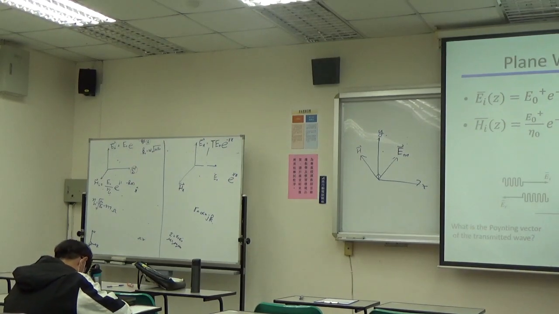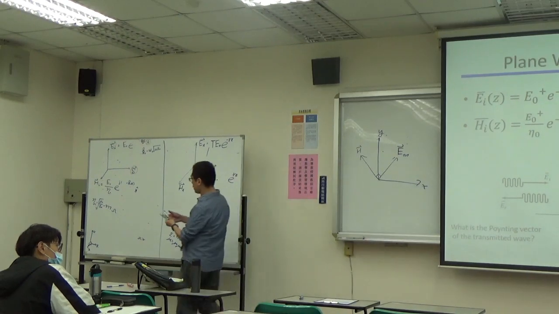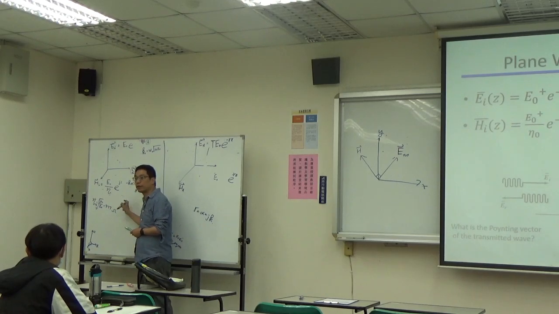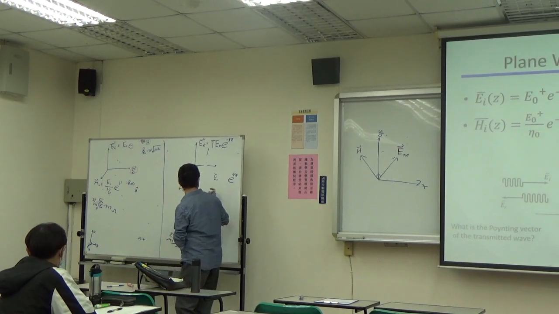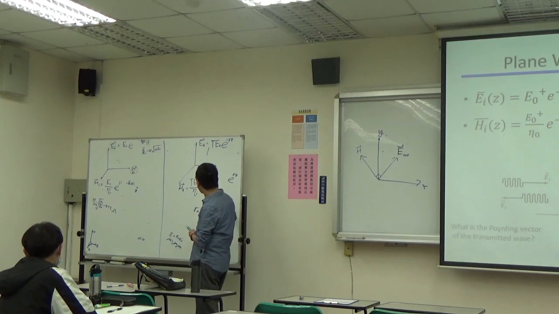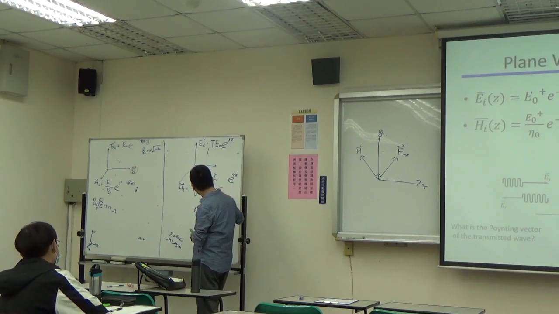And you use the same ratio, but this ratio is not eta 0. This is a ratio of the material. Eta 0 is 377 for the air. But for this part, your ratio will be only eta, and your eta equals the square root of mu over epsilon.